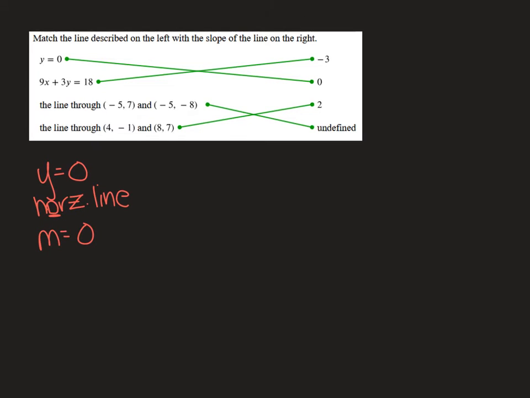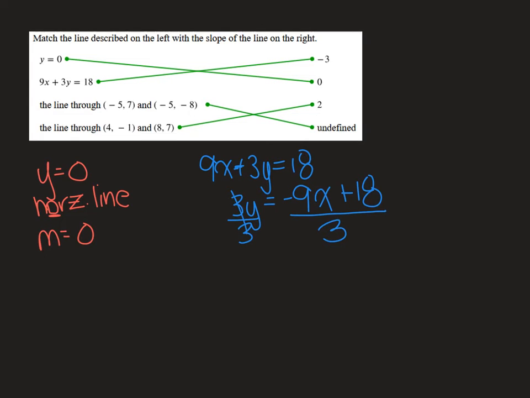Now let's take a look at this next one. We have 9x plus 3y equals 18. You can solve this equation for slope-intercept form, and then you'll see what your slope is. So that means you're solving for y. So I have 3y equals negative 9x plus 18. Then, of course, you have to divide by 3, and remember to divide everything by 3.